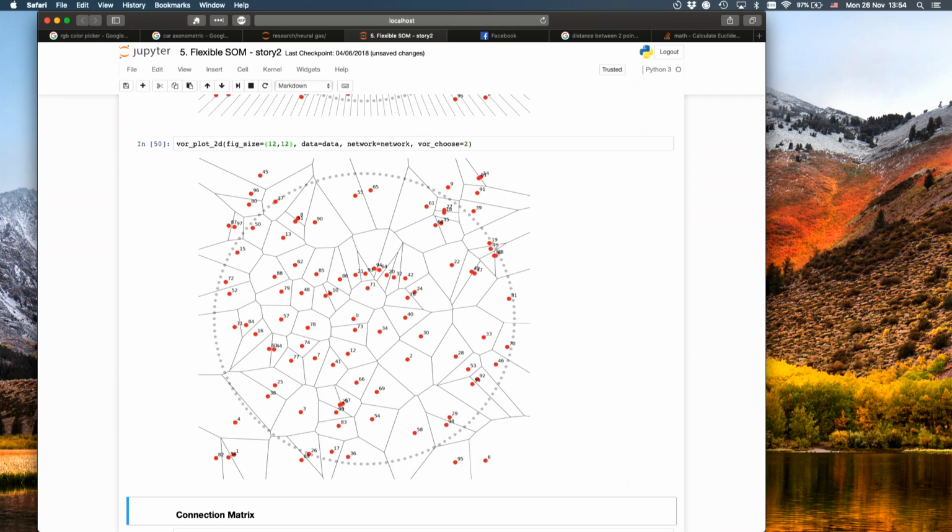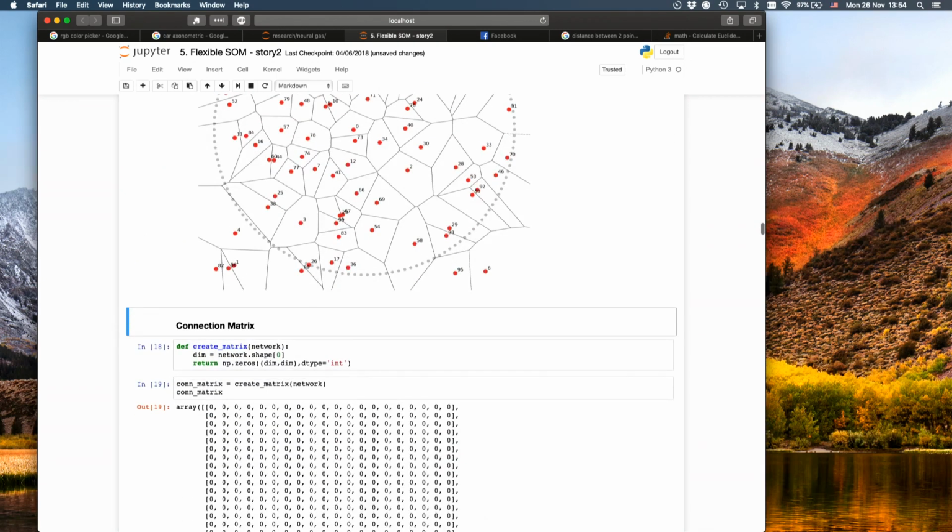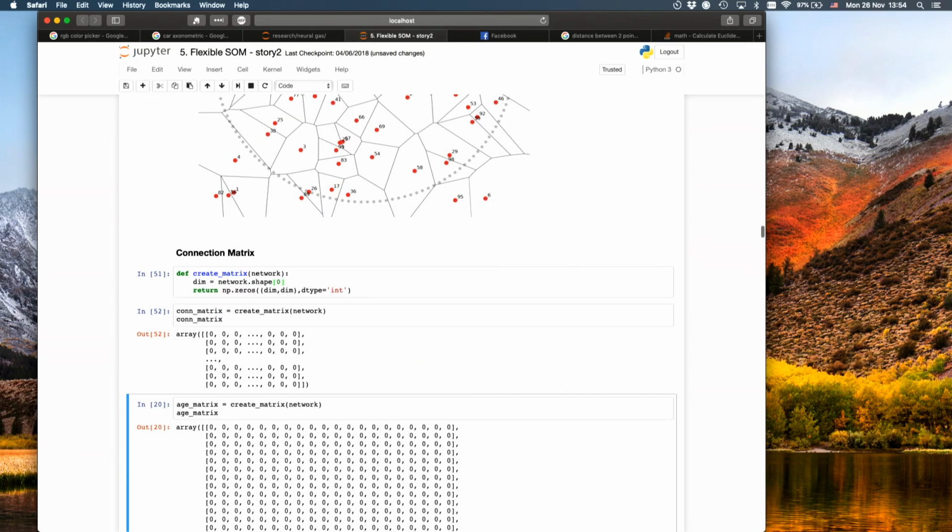And the interesting thing is, this is a mathematical property: if two cells are closest to our signal point, then these two Voronoi cells should be connected. Therefore, these two objects should be connected. Then I made the connection matrix. It doesn't even matter.